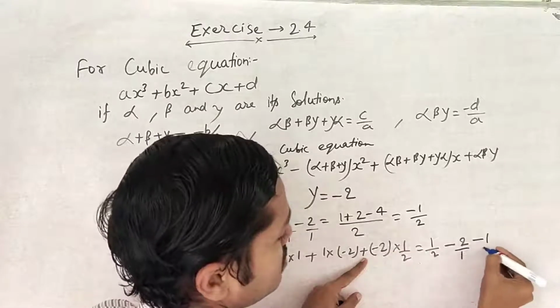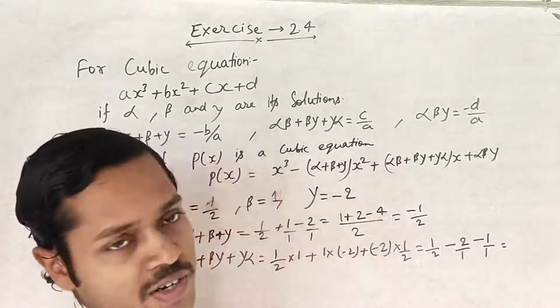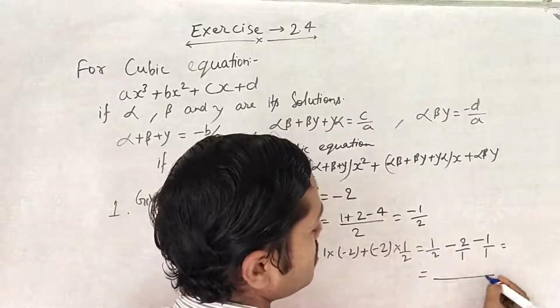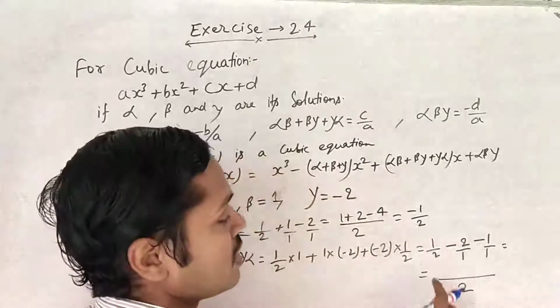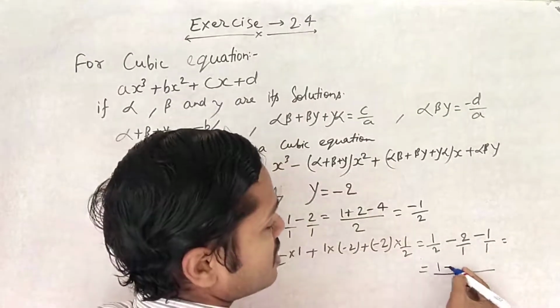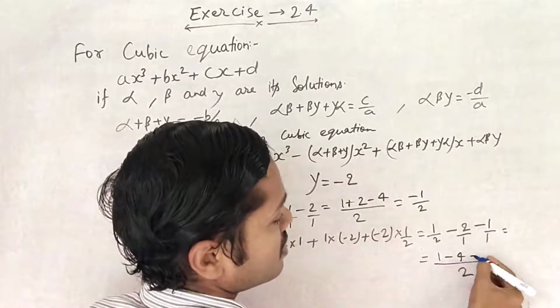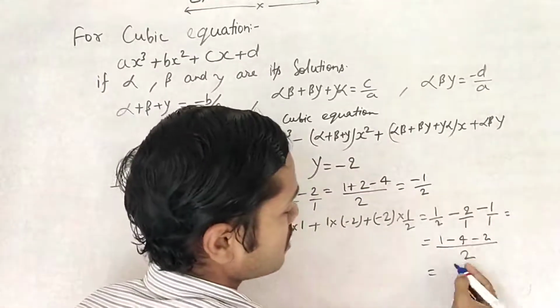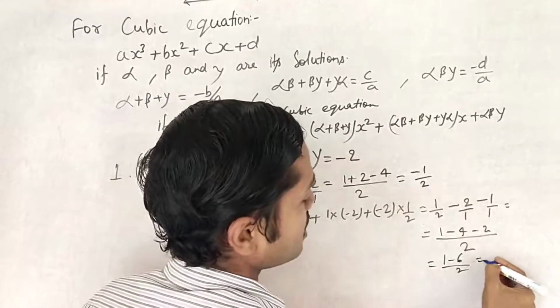We are doing the same thing, the addition of fractions. LCM is equal to 2. Now 2 1 is 2, 2 2 is 4. How much? 4 to 6, minus 1, minus 6, 1 minus 6 by 2 is equal to minus 5 by 2.